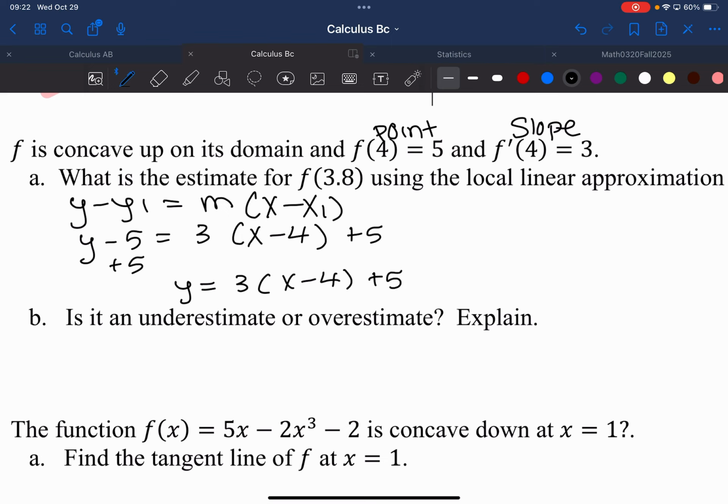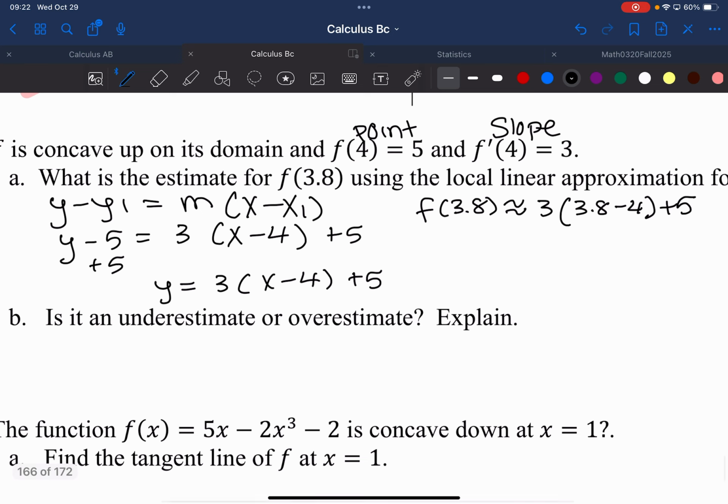And then we need to find 3.8. So we're going to plug in 3.8 for x. So we would say f of 3.8 is approximately 3 times 3.8 minus 4 plus 5. You would type that in on the calculator and get the value 4.4.